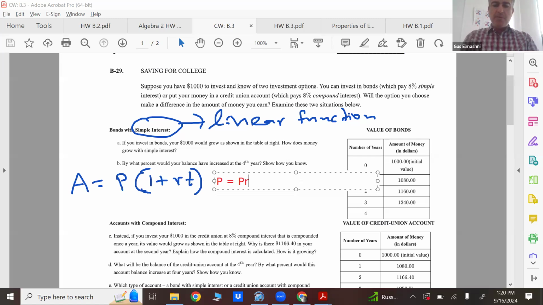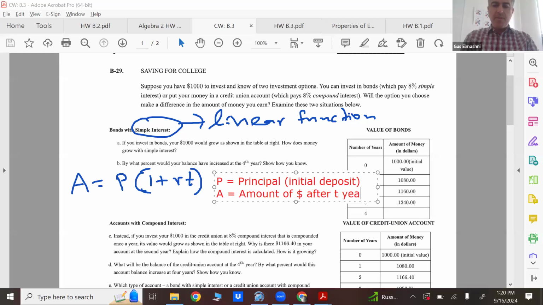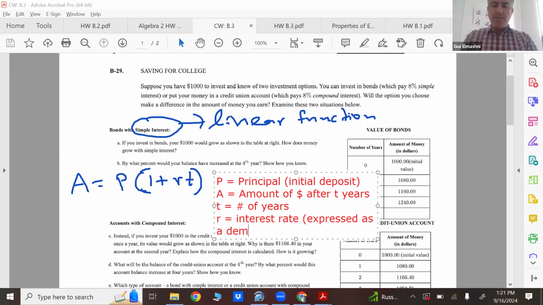P is going to be the principal, which is your initial deposit. A is going to be the amount of money after T years. T is going to be the number of years. And R is going to be the interest rate expressed as a decimal.